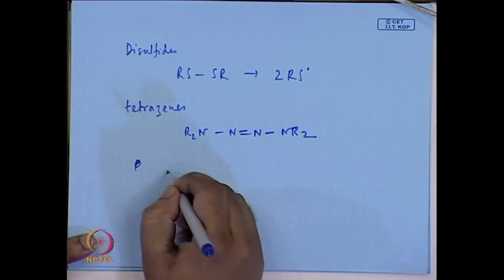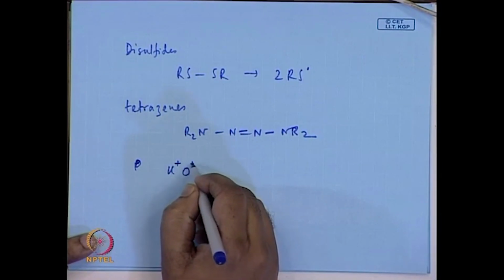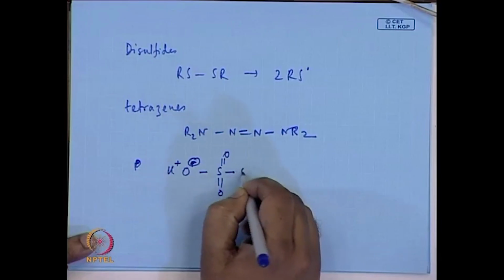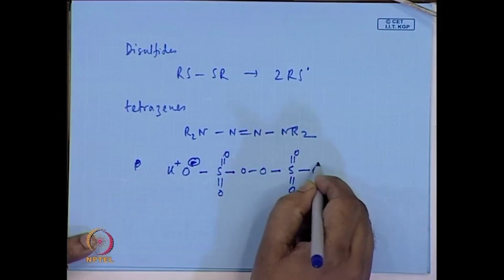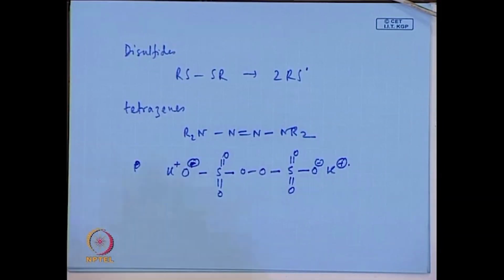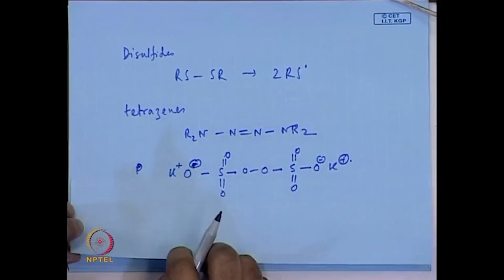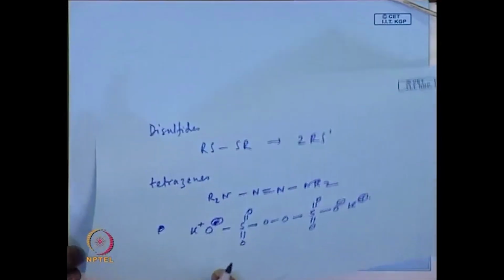For example, you have potassium persulfate. I can have these peroxides as well. Okay, so these are the typical examples of radical initiators. These are the generally used radical initiators, and the most common are AIBN and benzoyl peroxide, which are used in the lab.